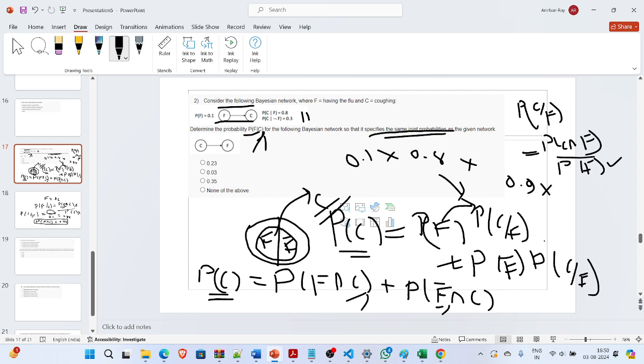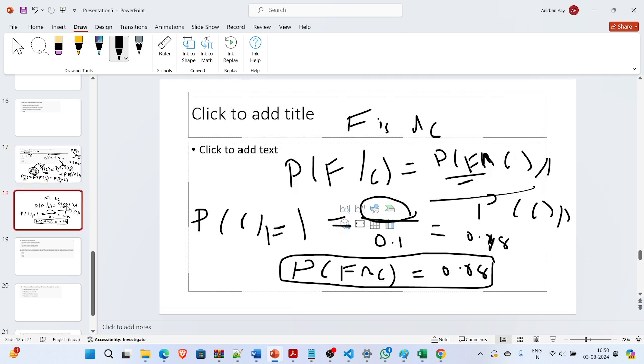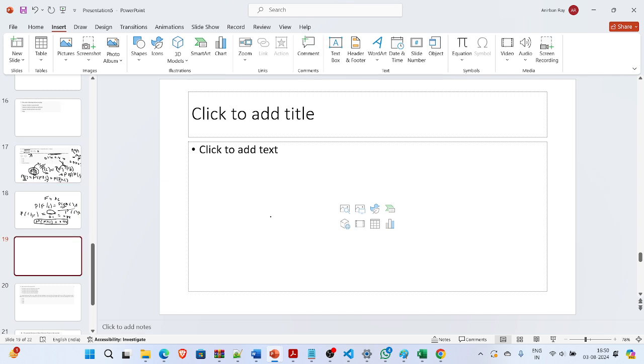And P of C given not F, that's 0.3. How much does this become? 0.08 plus 0.27, that is 0.35, right? So we get P of C equals 0.35 from here, and to get our answer, what we're going to do is just divide.